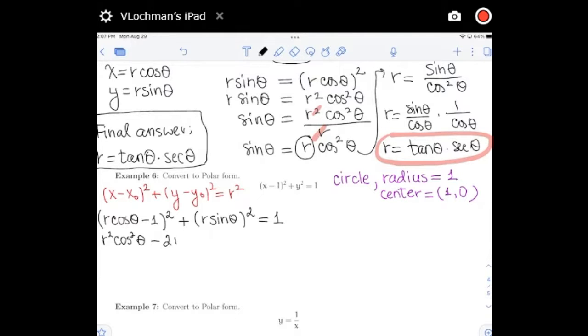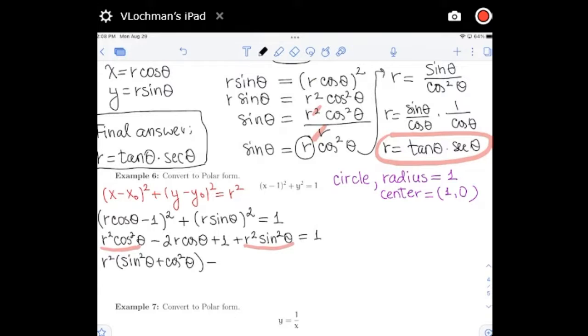So that would be minus 2r cosine theta plus 1 squared, so that's 1, and then plus r squared sine squared theta, and all of that is equal to 1. Okay, so let's see what we can do here. I'm going to go ahead and combine these two. If I factor out r squared, I get sine squared theta plus cosine squared theta.